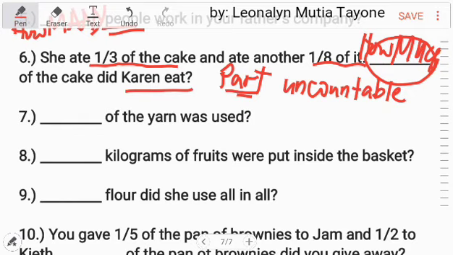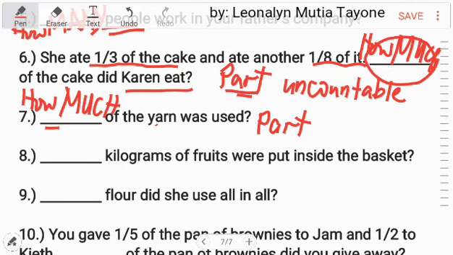Number 7. Blank of the yarn was used. Gaya din ng naunang example natin, part ang pinag-usapan dito. Kaya, how much of the yarn was used? Question number 8. How much or how many kilograms of fruits were put inside the basket?